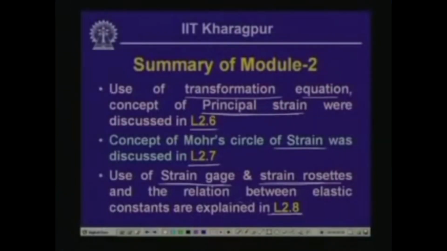From the measured data of strain rosettes, we can compute the strains epsilon x, epsilon y and gamma xy, and using these strain components we can compute the principal strains and thereby the principal stresses. This is what was discussed in lesson 8 in module 2.